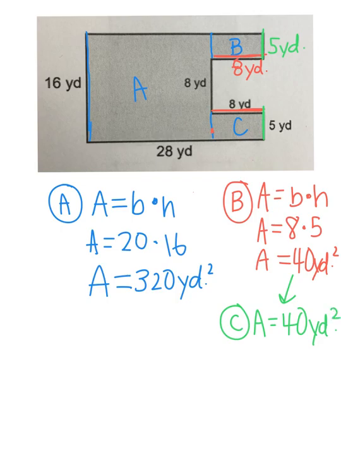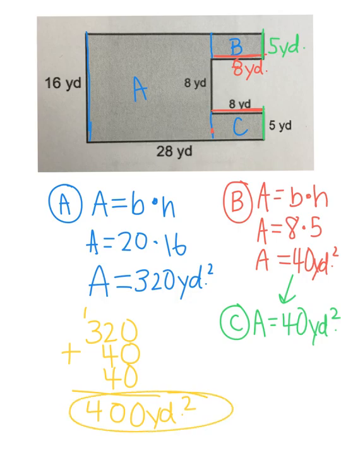Now to find our total area of this whole shape, we need to take 320 plus 40 and plus our other 40 for all three of our shapes. When we add this together, we should get 400 yards squared as your final answer.